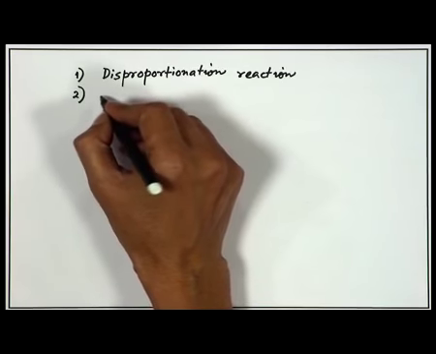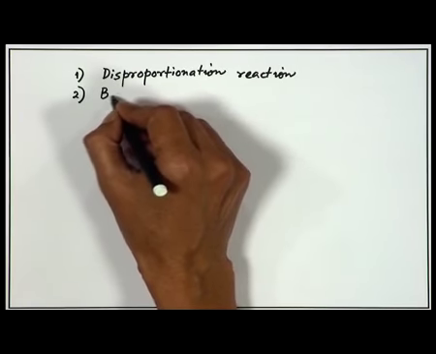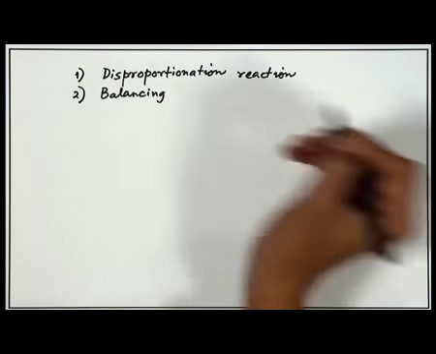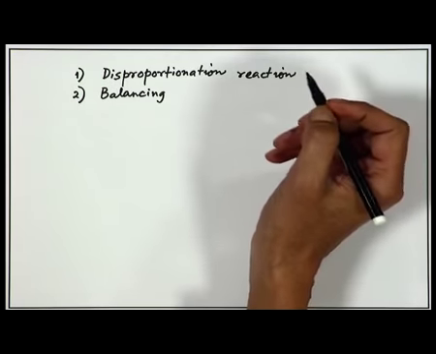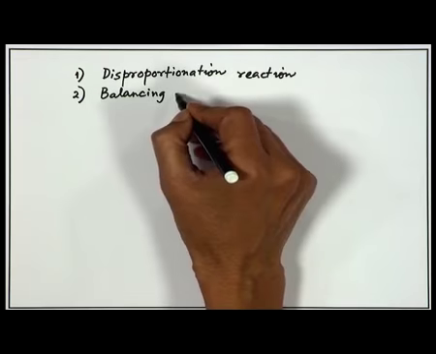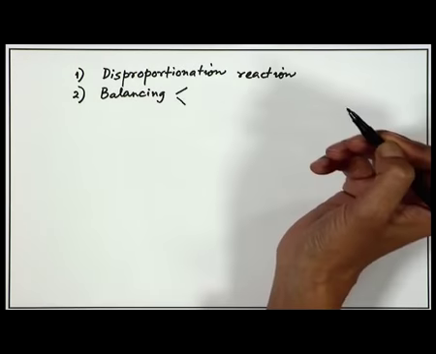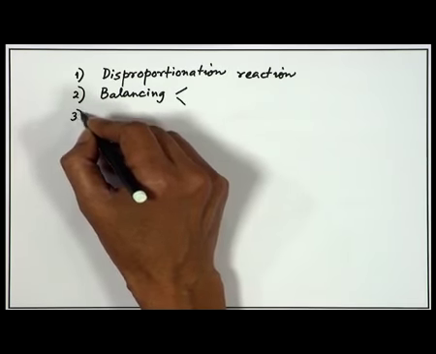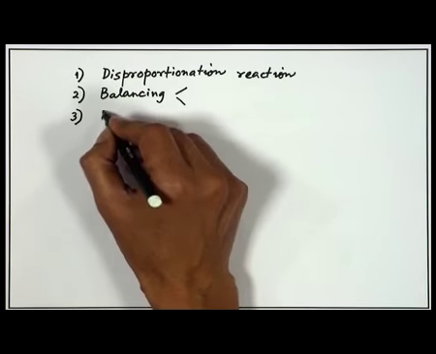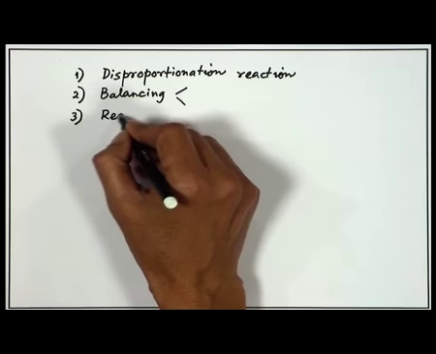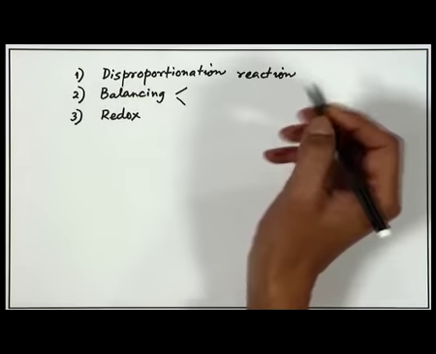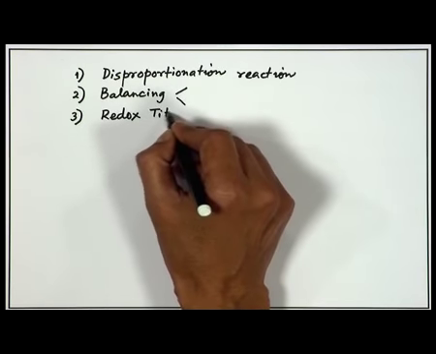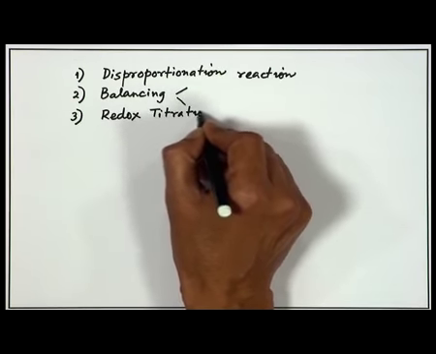Second one would be the different redox reactions, how we can balance them, because the balancing is always very important in relation to the number of electrons getting transferred. And lastly, we will be discussing the analytical aspect, or the application of this redox reaction, which is the corresponding redox titrations.